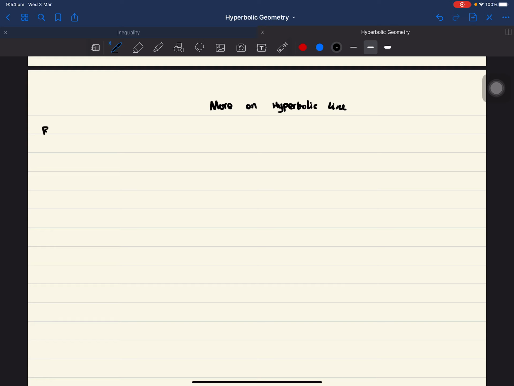So let's first recall our definition of the hyperbolic plane. The model we are following defines the hyperbolic plane as complex numbers C on the complex plane such that the imaginary part of C is greater than 0.